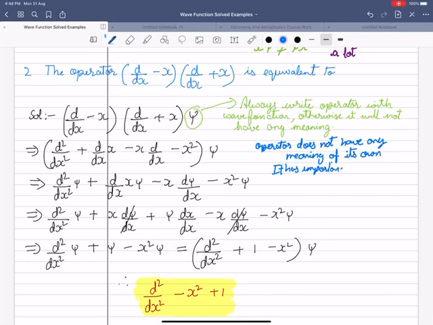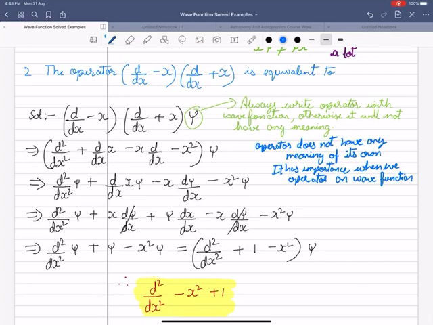It has importance when we operate on a wave function. So this is an operator and this is a wave function.